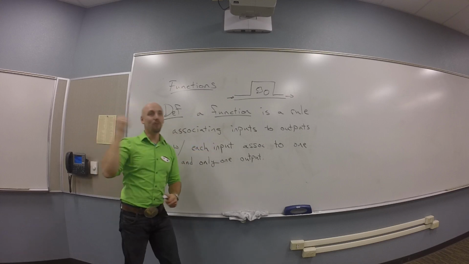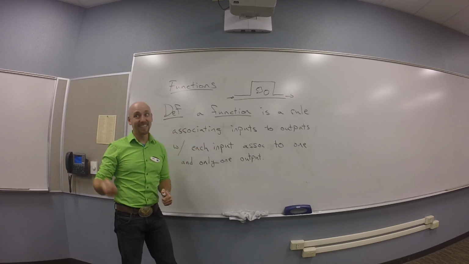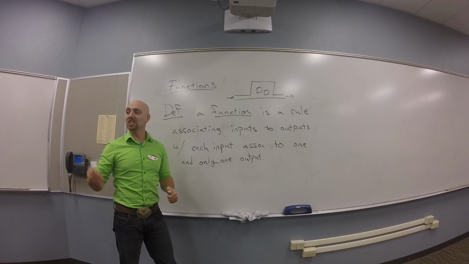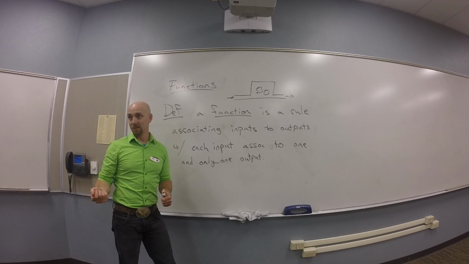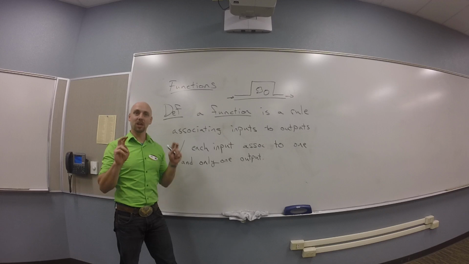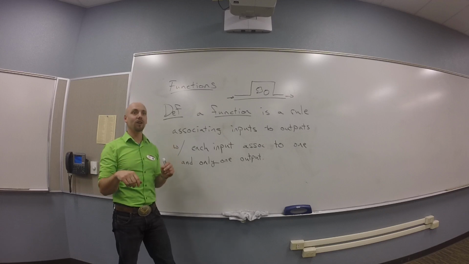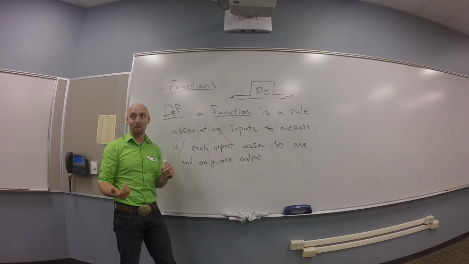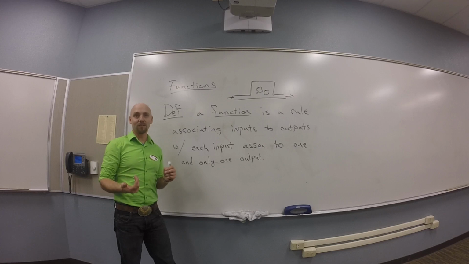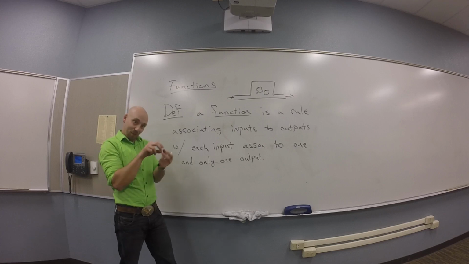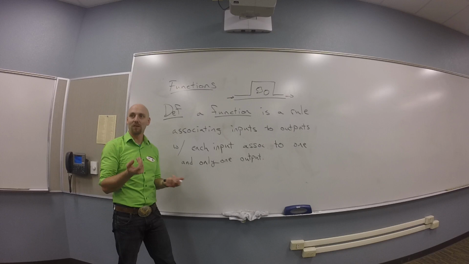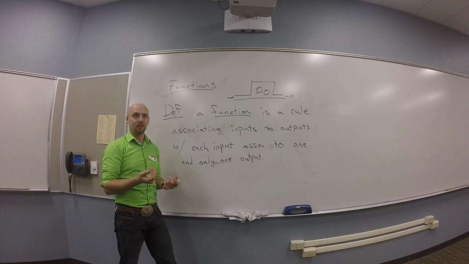You put an input in, and it always does the same thing. It's not a gumball machine. A gumball machine is a rule, but it's not a function. It takes quarters and turns them into random bits of crap. Sometimes it turns them into a little plastic figurine in a bubble, and sometimes it turns them into an actual gumball. That's not predictable, so I don't want that.